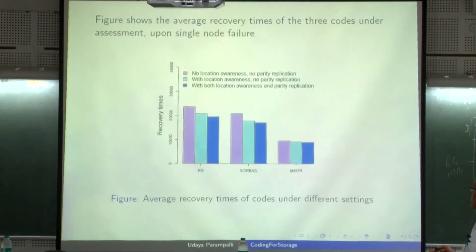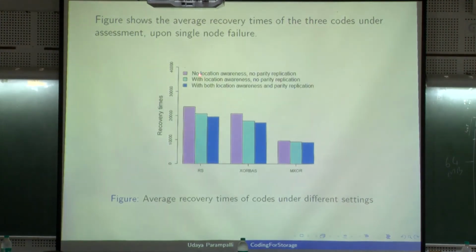So the figure shows the average recovery times for the three codes under single node failure. You can see that Sorbus is consistently worse; this is with no location awareness, with location awareness and no parity replication, and with location awareness and parity replication.